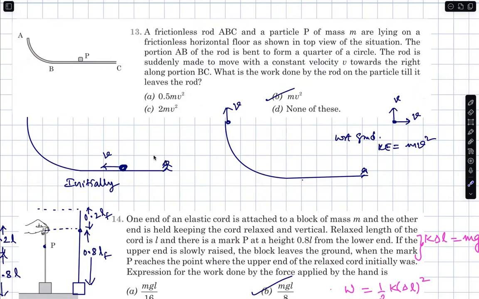For this purpose, to analyze, let me be a person attached to the frame of this rod. For me, the rod is not going; it is the particle that goes. With respect to me, by the time it reaches, it will have a velocity v like this.